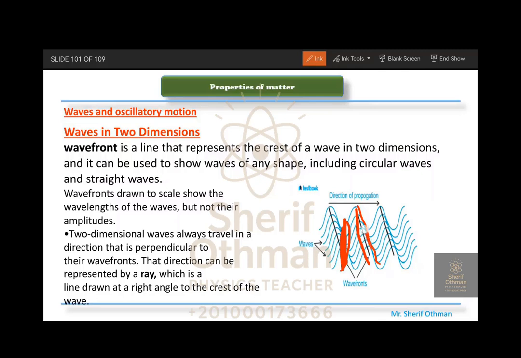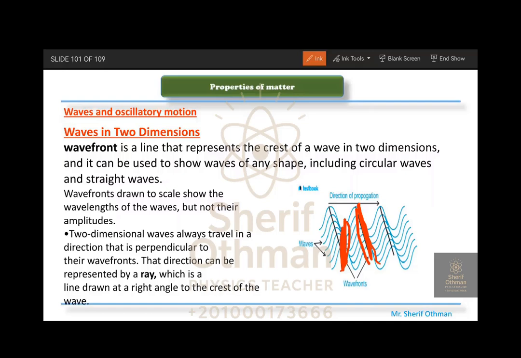The wavefront is the line that represents the crest of the wave in two dimensions and can be used to show waves of any shape, including circular waves and straight waves. Two-dimensional waves always travel in directions perpendicular to their wavefront.